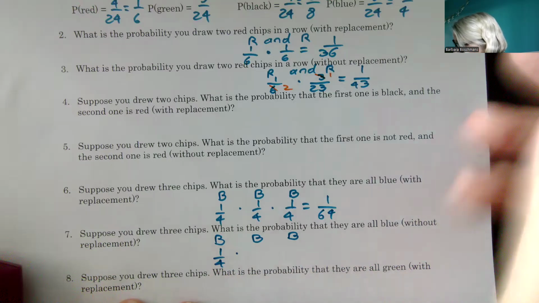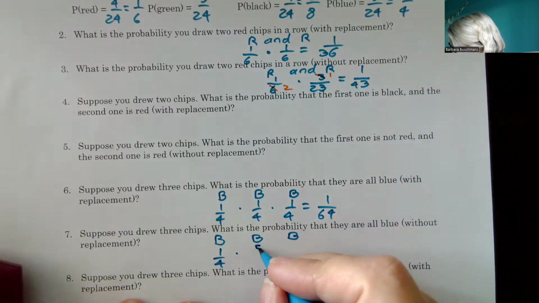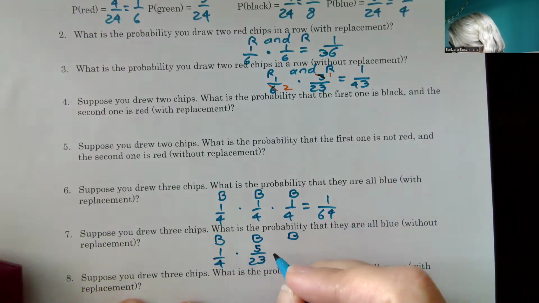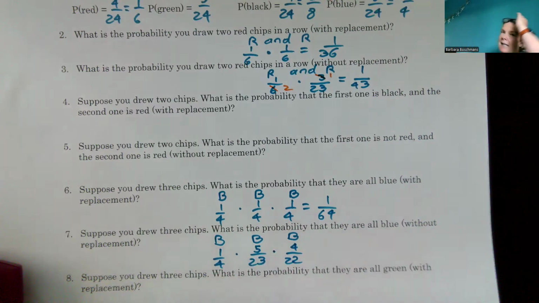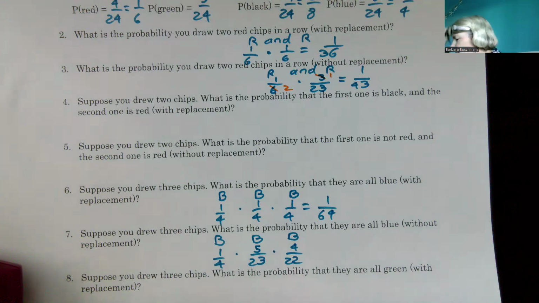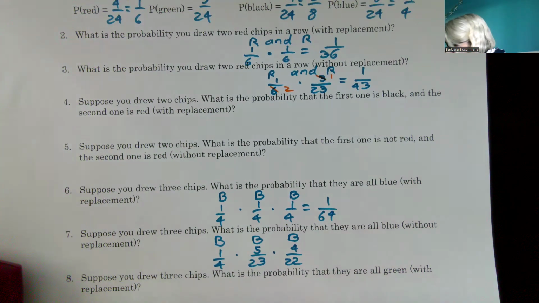1/4, but now we had 6 out of 24. That would be 5 out of 23, 4 out of 22. So you literally have to picture, you pick one out, you keep it out. That diminishes the numerator and denominator by 1. You keep that one out. So now you only have 22 left in your bag, and 4 of those could possibly be blue.